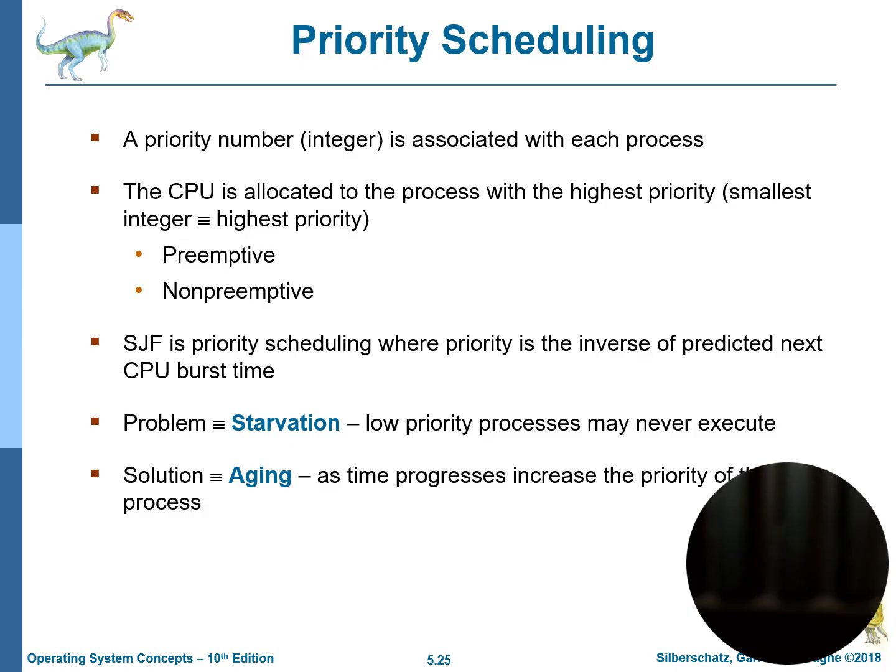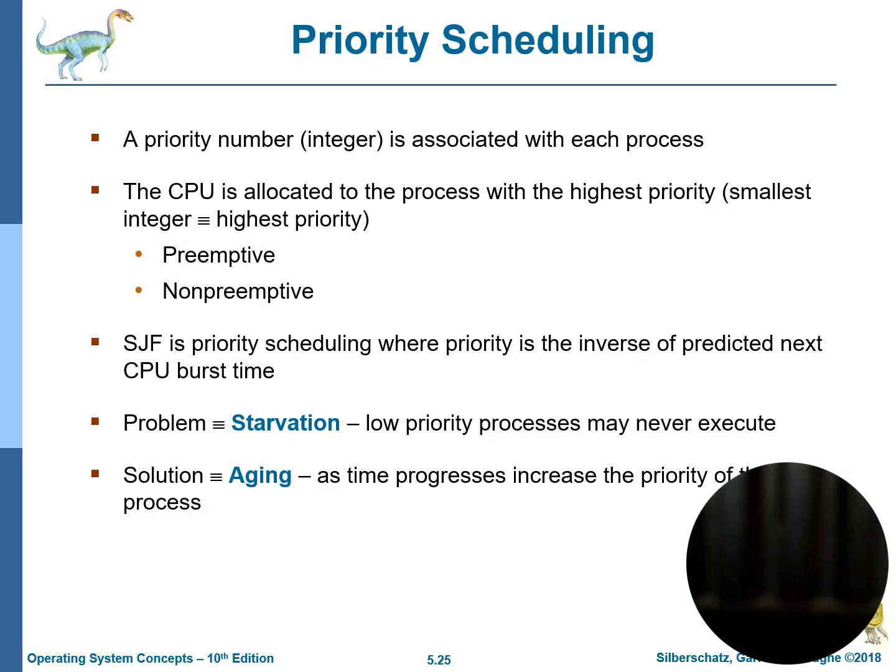However, the problem with priority scheduling is starvation, which means some other processes will take very long to actually run. Because we have the problem of starvation, we can also use aging to consider those processes that take too long in the queue.